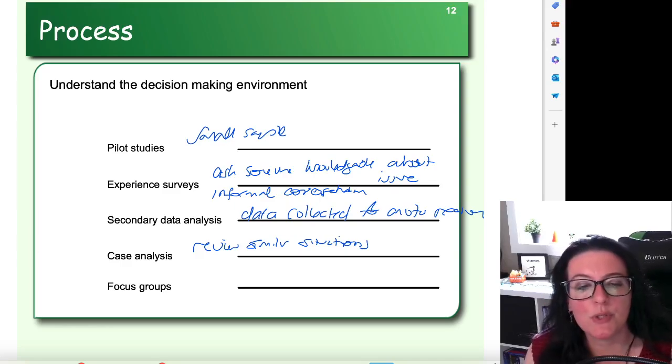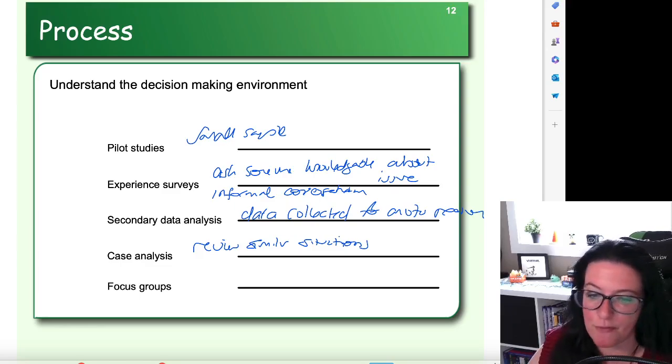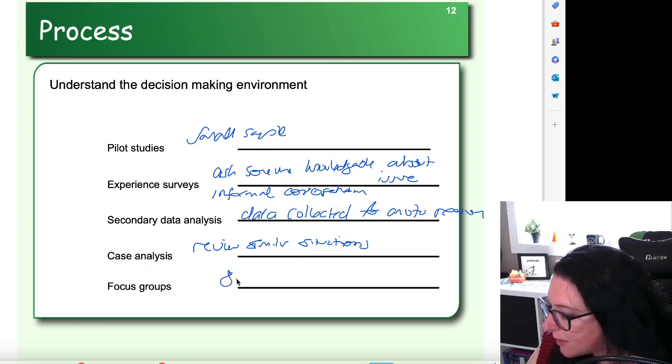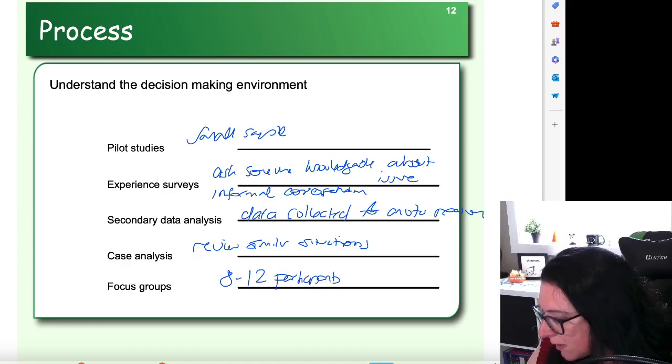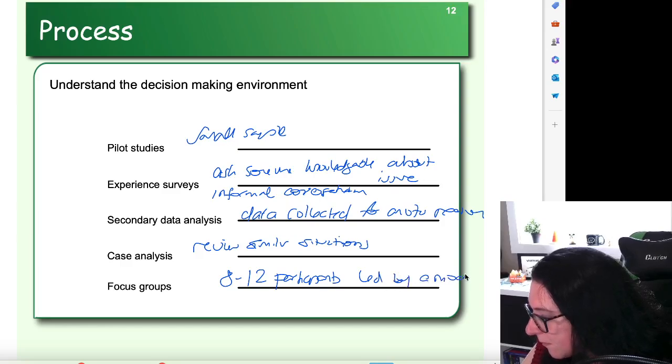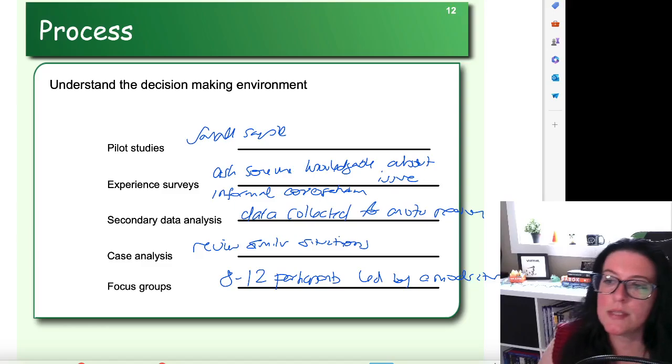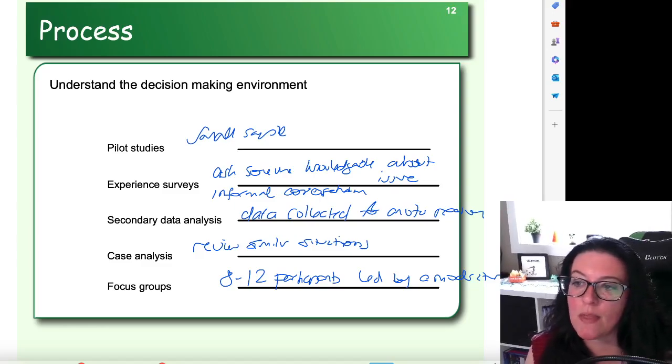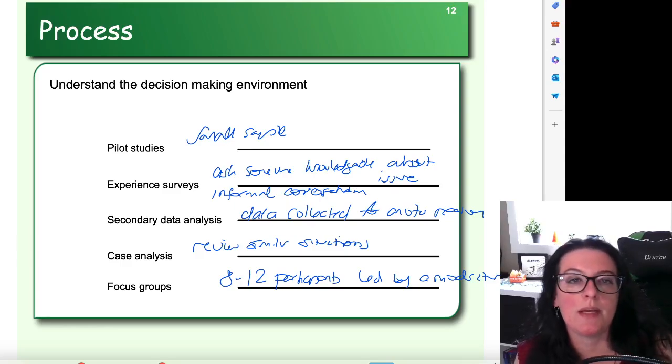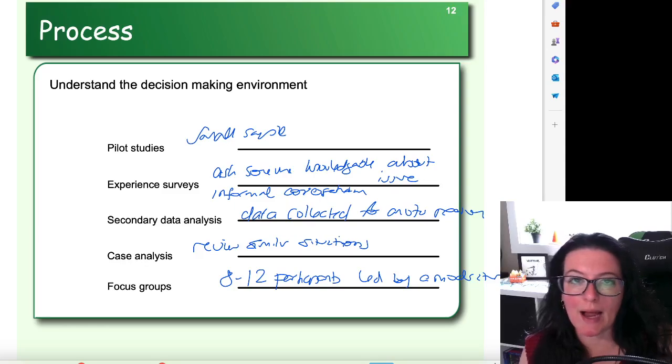We can also do some exploratory research in terms of focus groups. Focus groups typically have 8 to 12 participants, and they're led by a moderator. This can be bringing a handful of people together within your organization to get them to brainstorm. This can be to see how people would react.